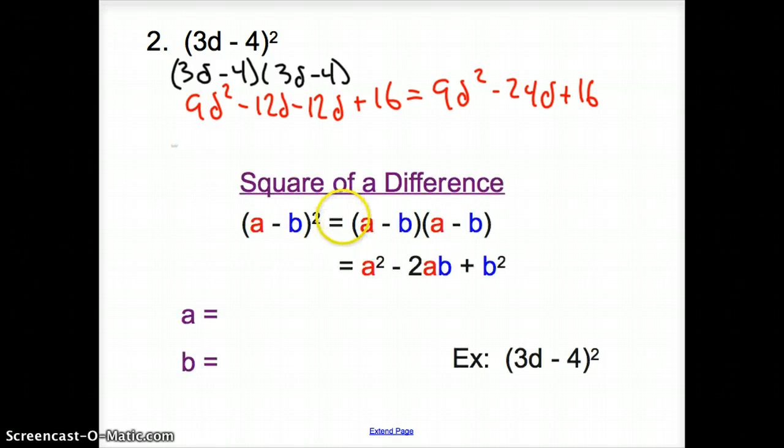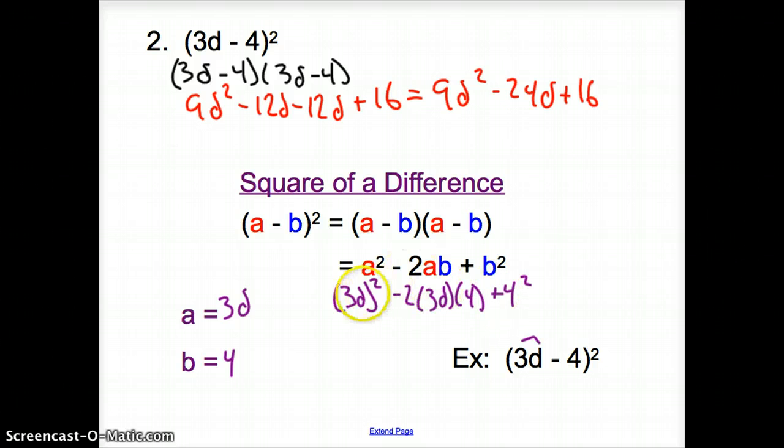Also, this now is the square of a difference, which is, this is our A, 3d is our A, and now just 4, not negative 4, but just 4, is our B. Plugging everything in is 3d, and that's being squared, minus 2 times our A is 3d, our B is 4, and our B again is 4 squared, and we are adding that.